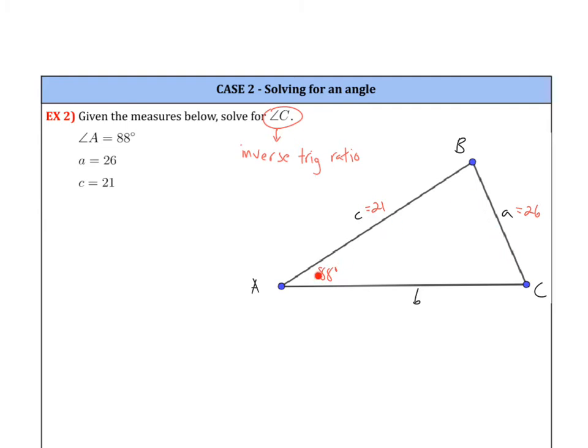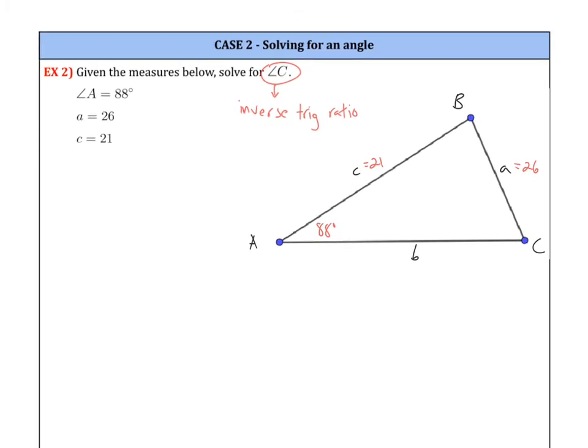This is a non-right triangle. So writing down the law of sines first, we get sine of angle A divided by little a is equal to sine of angle B divided by little b is equal to sine of angle C divided by little c.